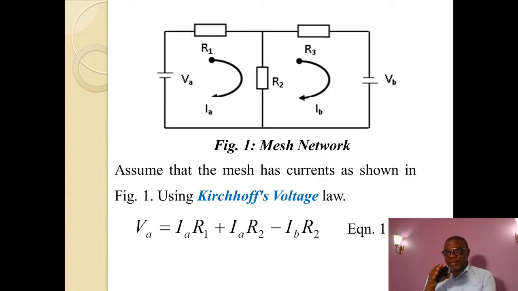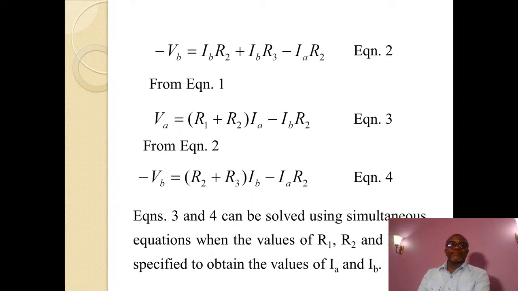Because IB is flowing against IA across resistor R2. So the voltage developed across R2 will be the resultant of what VA is producing there and what VB is producing there. So that gives us equation 1.